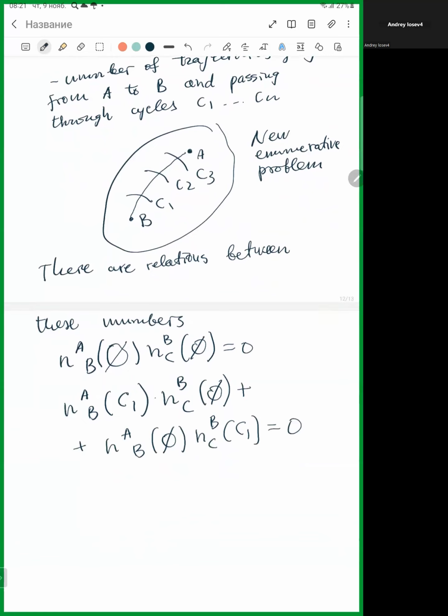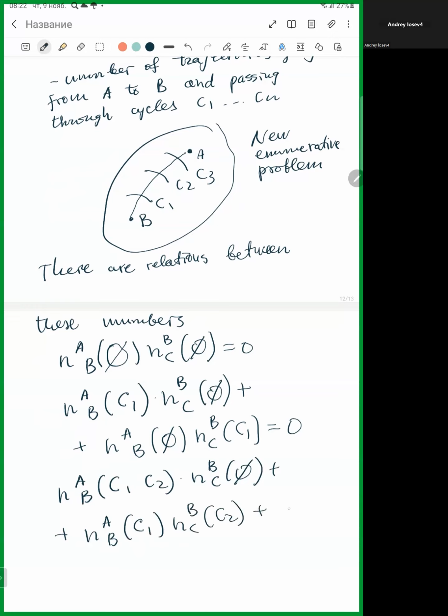There are even more interesting relations. Plus, you can interchange 1 and 2, plus later on you will write NAB empty and BC C1 C2.